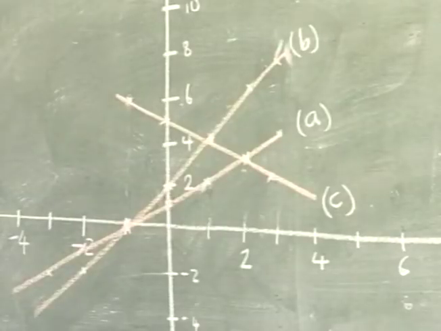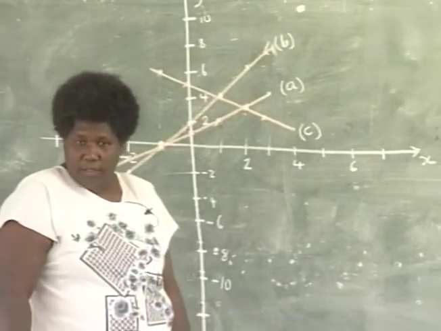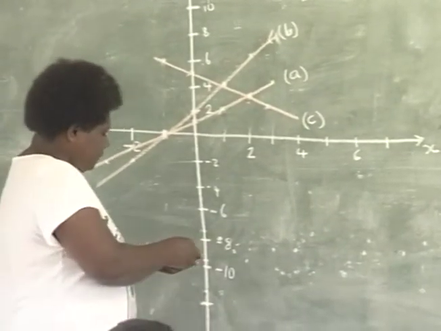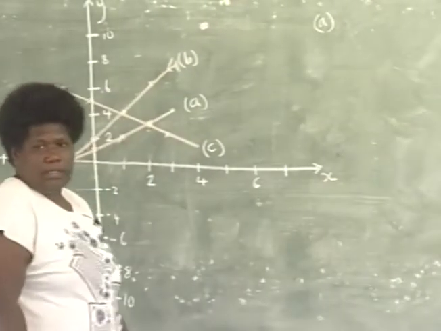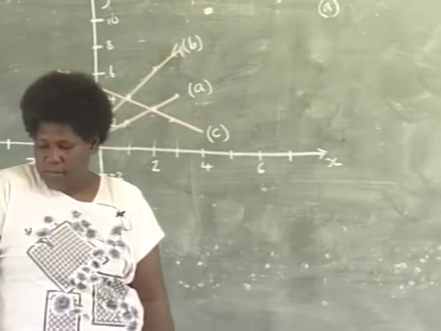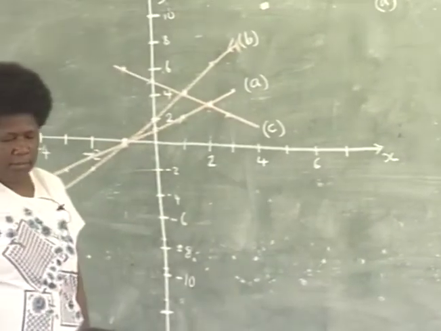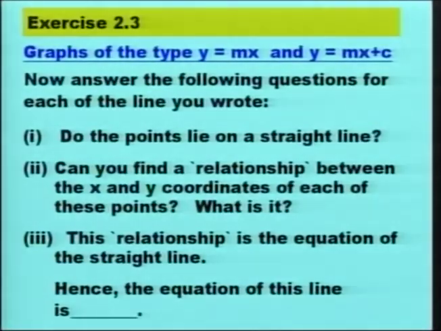Can you find a relationship between the x and y coordinates of each of these points? Anyone for letter A? What is the relationship? We'll have to write that down in words. Gabriel?